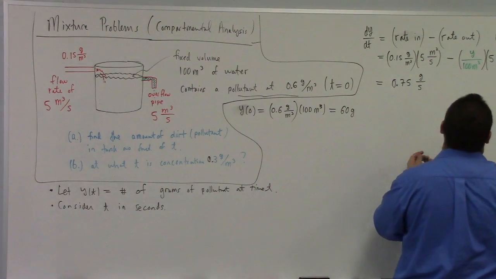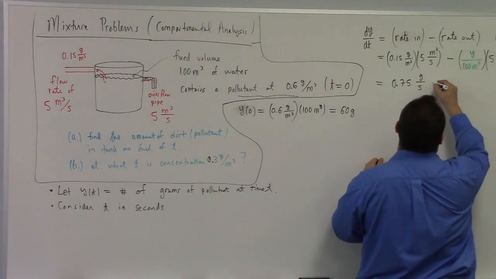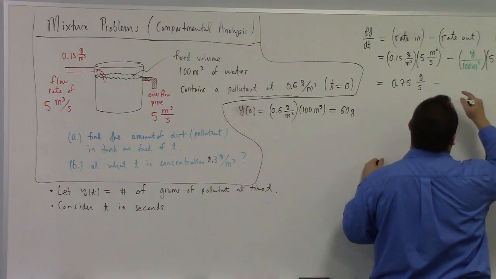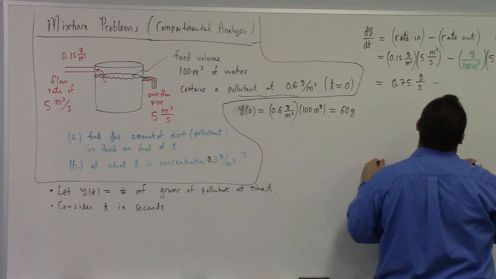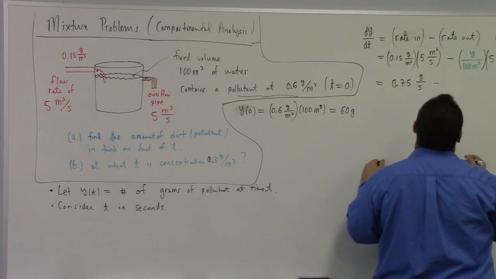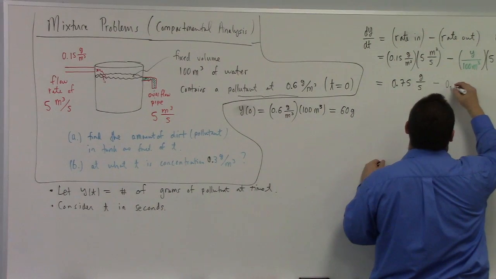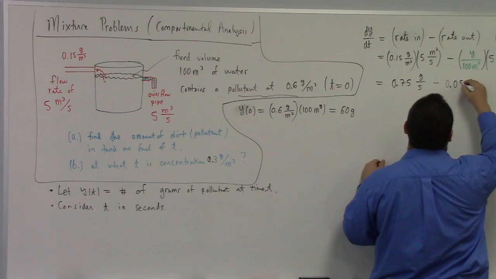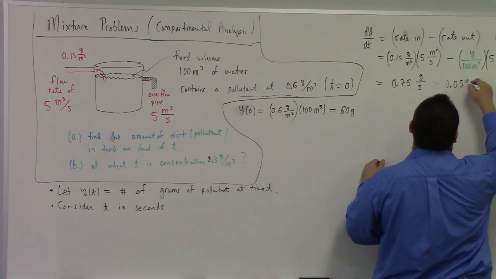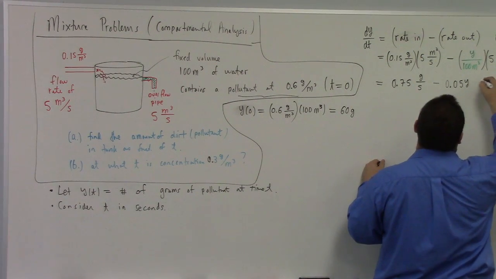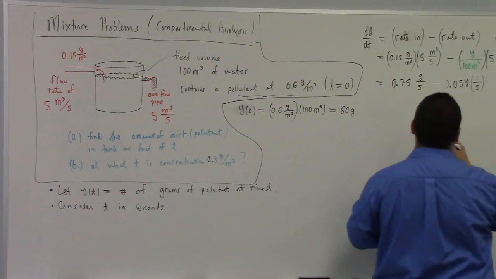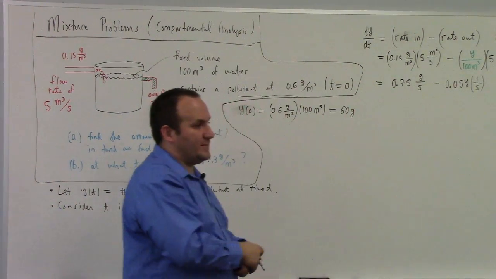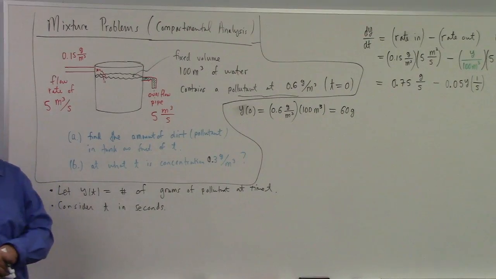So that gives us minus 5 over 100, which is 1 over 20, or 0.05 y, and then technically times 1 over a second. I don't have to write grams there because there is a gram inside the y.